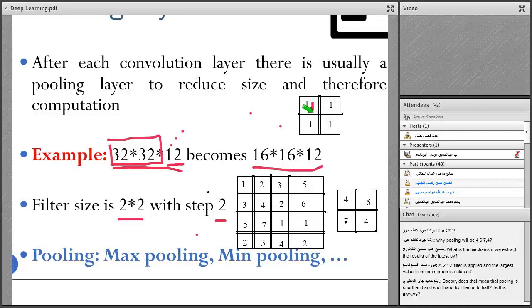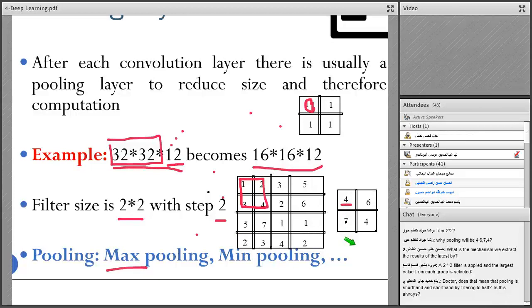Okay, this item is moving inside the filter. For example, we put the filter here on these 4 numbers, and what is the pooling layer doing? For example, we have max pooling. Max pooling means select the maximum number between these 4 numbers. Okay, the maximum number is 4.